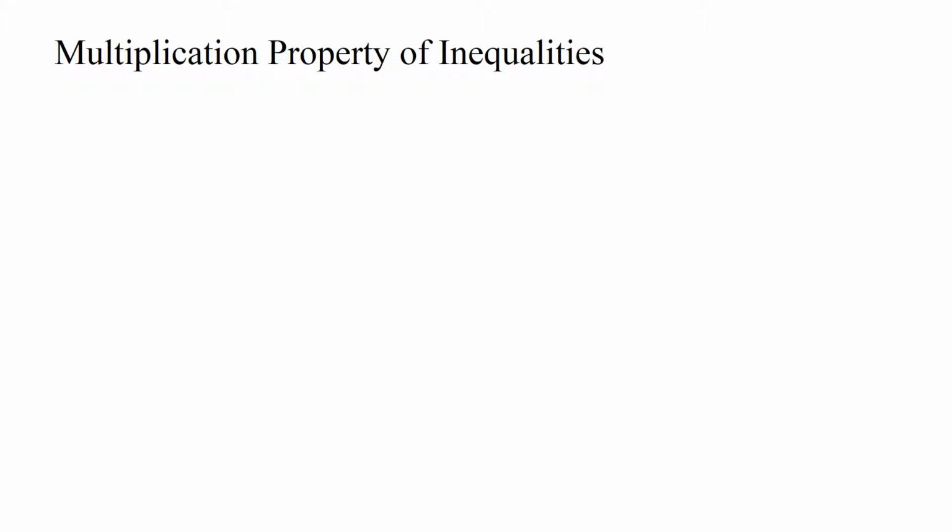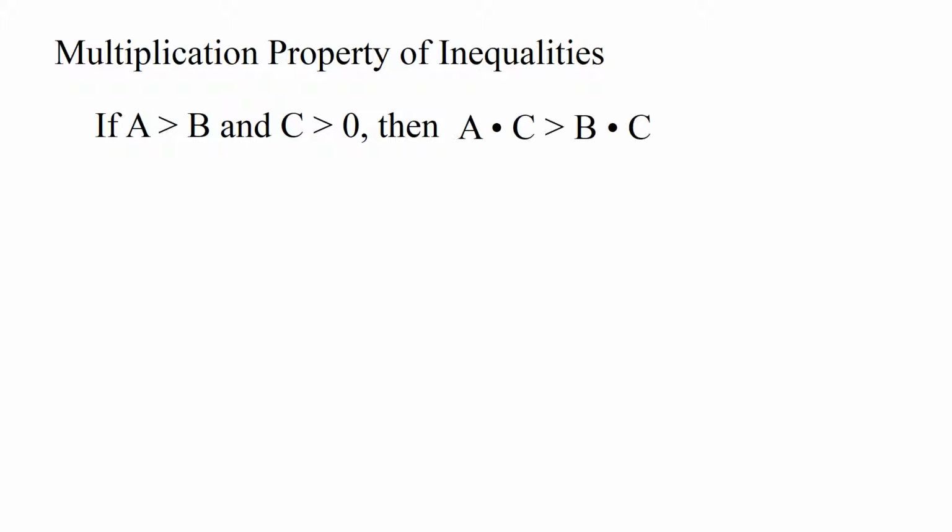Multiplication property of inequality is a little bit more complicated. If A is bigger than B, and you're multiplying by a number C that's greater than 0, numbers greater than 0 are positive numbers, so you're going to multiply both sides of the inequality by a positive. The inequality stays greater than. A times C is still greater than B times C. Likewise, you could divide both sides.